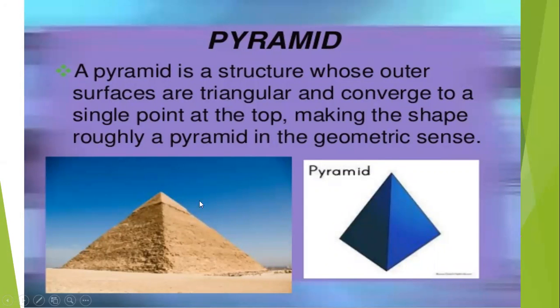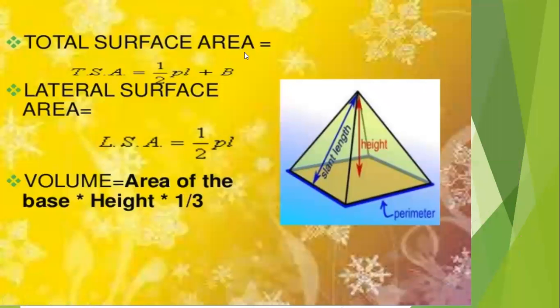Then the total surface area of a pyramid is got by using this formula here, and then the lateral surface area removes the base, and then the volume is a third multiplied by base area multiplied by height. So you can use this to find the volume of a pyramid.